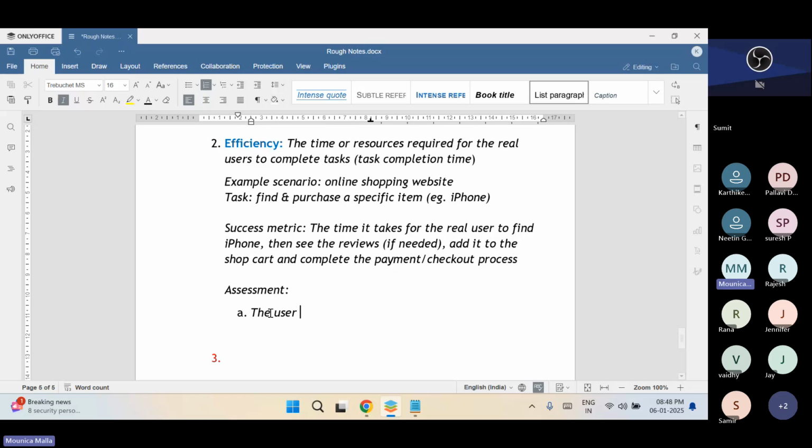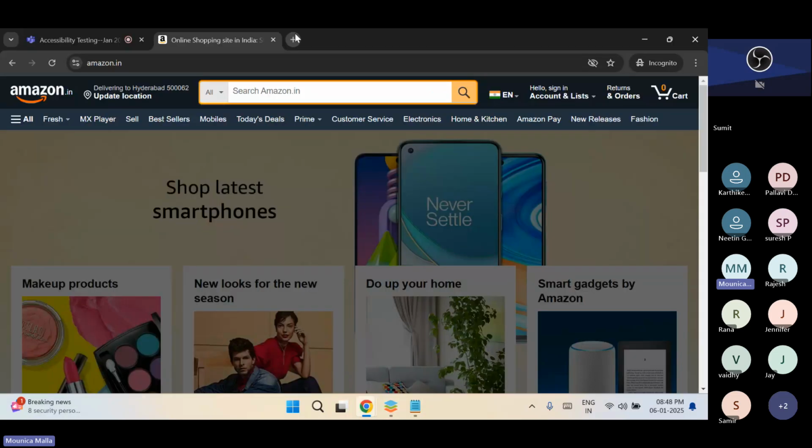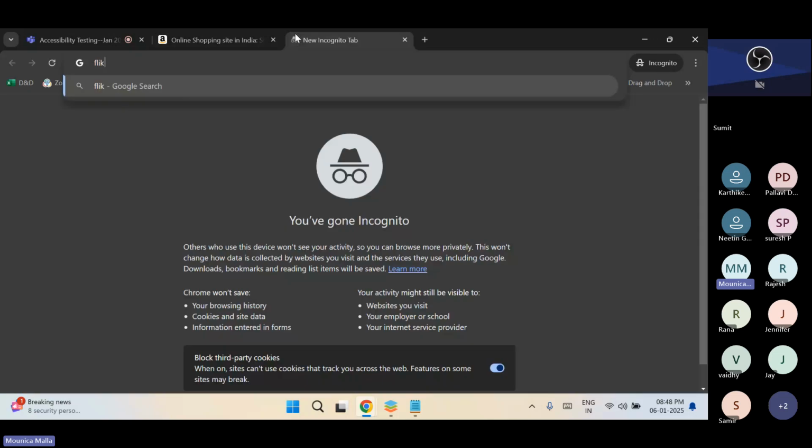So I will say my assessment starts with the user searching for the iPhone, because I'm talking about an iPhone purchase here. The user starts by searching for the iPhone, which means the search bar should be easily locatable. If you see Amazon or Flipkart, they did not hide the search box somewhere.